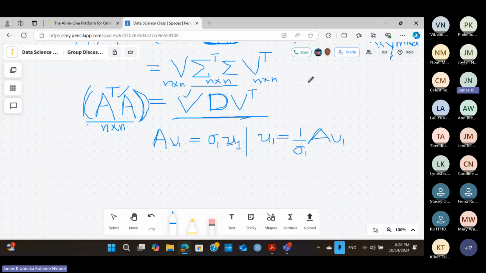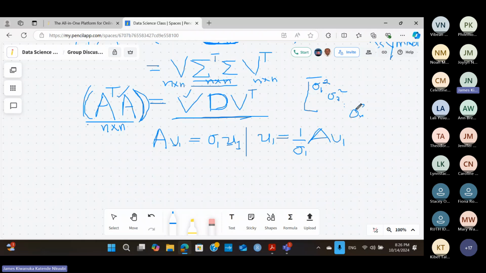So once I obtain this, the diagonal matrix will contain sigma 1 squared, sigma 2 squared. They will be squared because when you're multiplying these two, the diagonal elements will be squared, all the way up to sigma n.